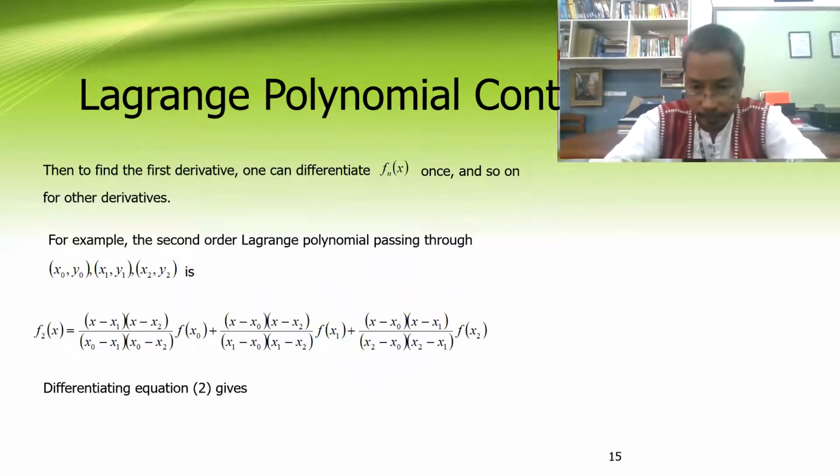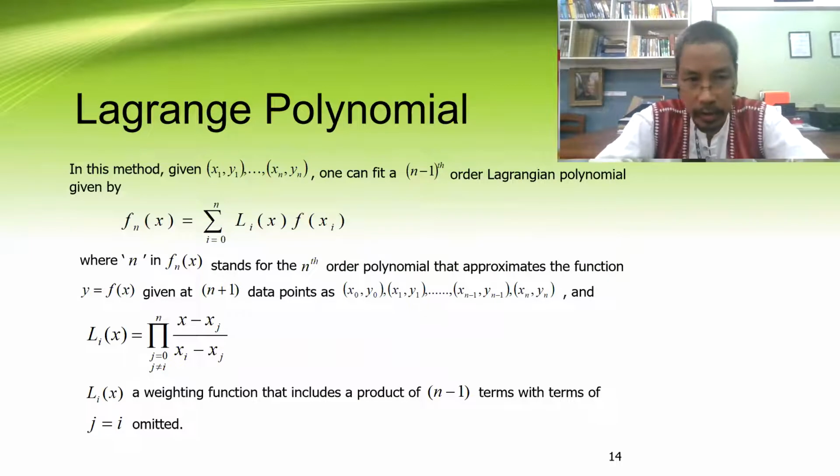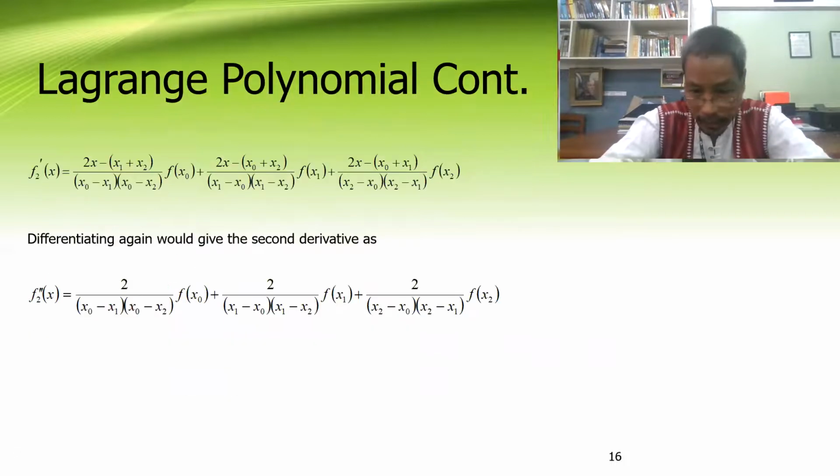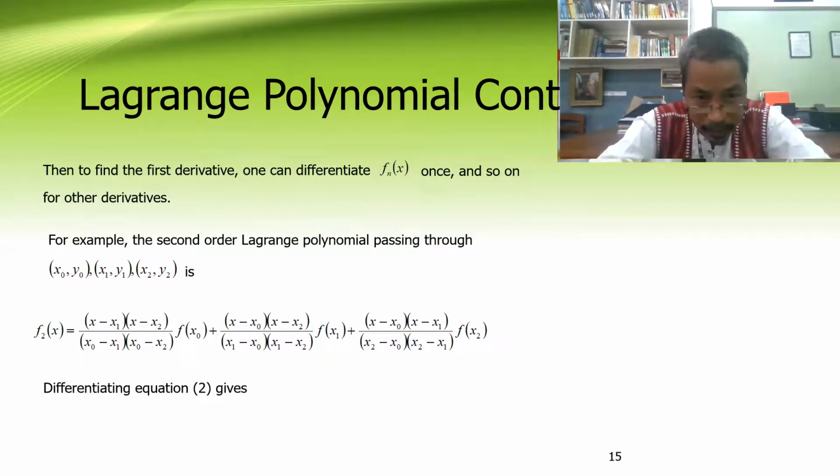So here's the Lagrange polynomial. Okay. So this is the way we do it. So don't be afraid with this definition, because this definition, this Li as a function of x, Li is a function of x, product of this one.